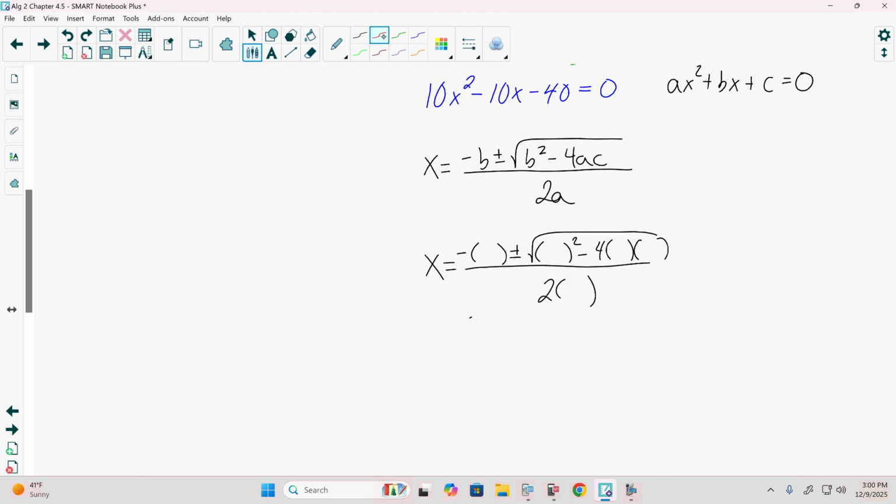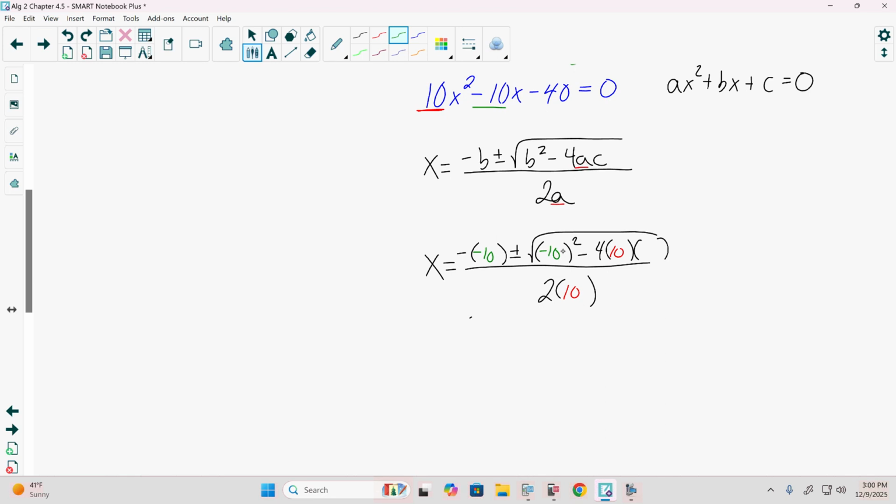So we're going to plug in the values of A, B, and C into their corresponding spots. Let's start with A. A is 10. And there's two places A shows up, on bottom and next to the 4 inside the radical. So we're plugging positive 10 in both of those spots. The next number that we have is our B term, which is negative 10.